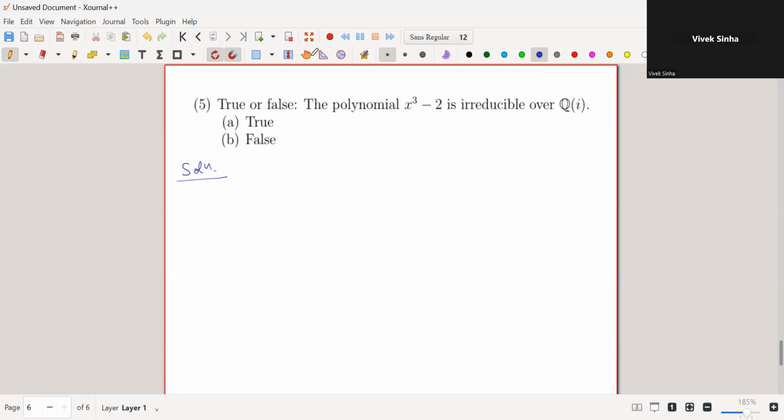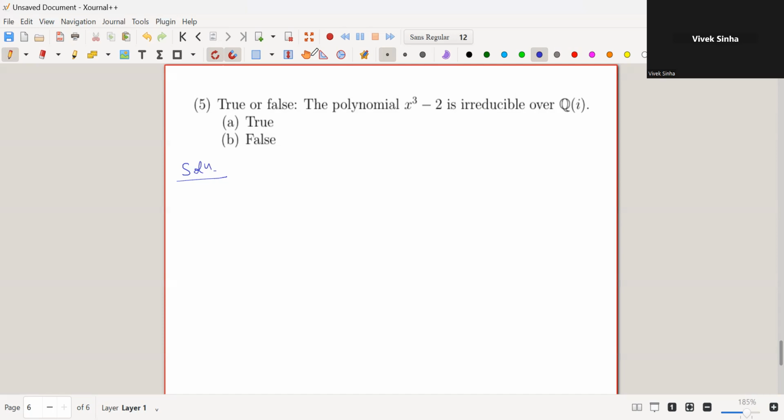Q. No, sir. Then how can you write it as a linear factor? Means we can factorize as a linear factor, but in a different field. We can say the cube root of 2 belongs to the real numbers.